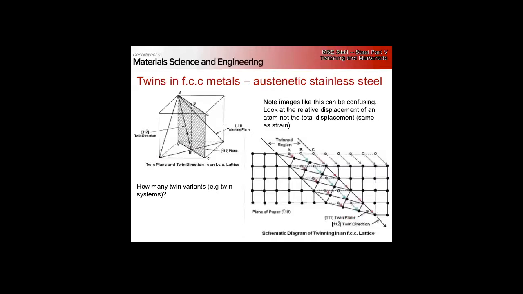So the twin plane is the 1-1-1 plane. Our shear direction is 1-1 bar 2, and essentially this twin is equivalent to a 60-degree rotation about the 1-1-1 direction, about the 1-1-1 pole, right?